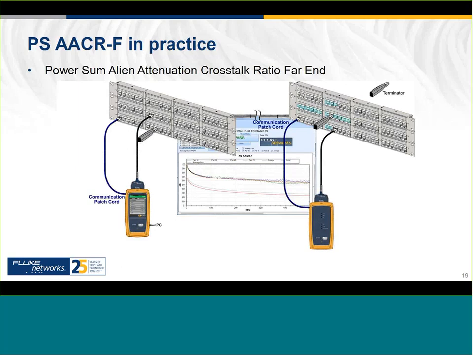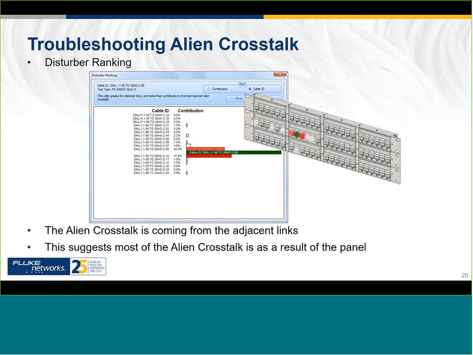So once we've got to a finish here, what you will see the software package do is it will issue the pass, but you'll also be able to rank the disturbers. So as we finish the measurement, what you'll be able to generate is a disturber ranking.